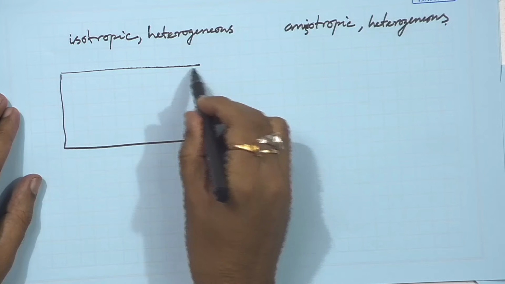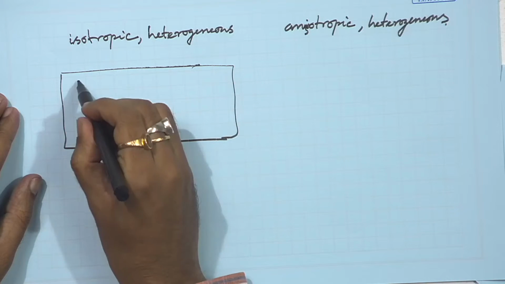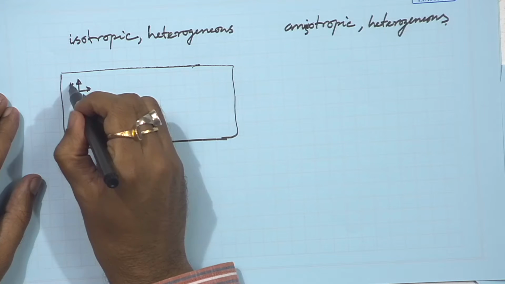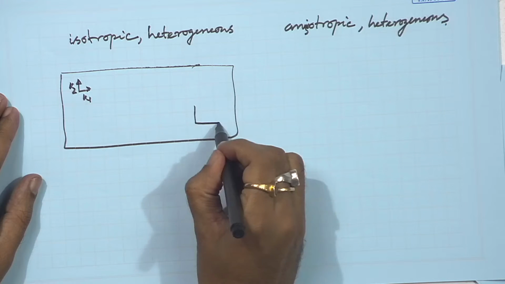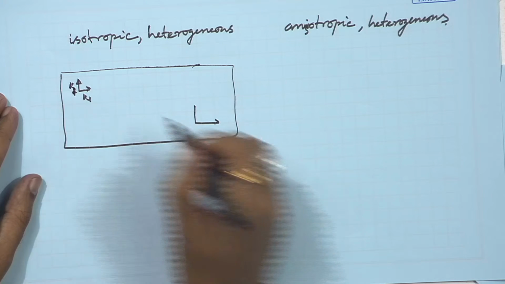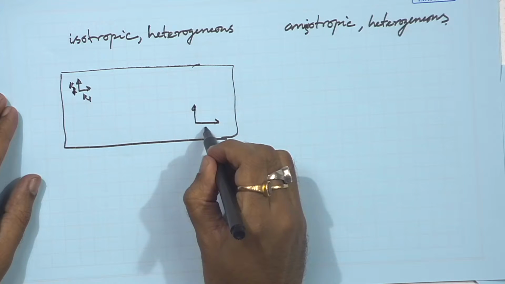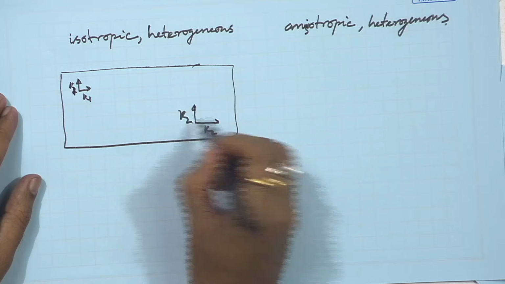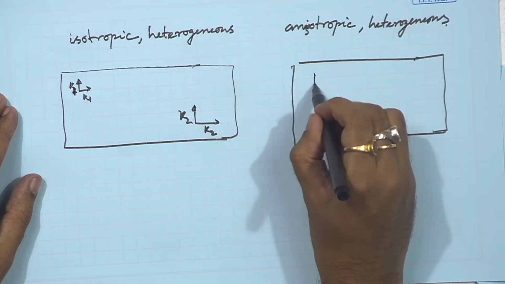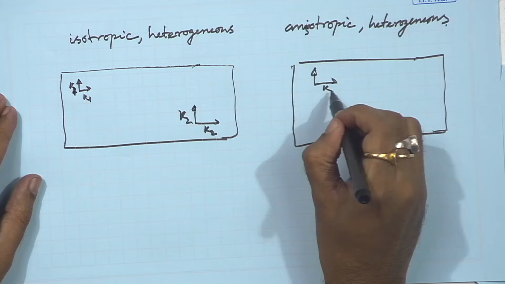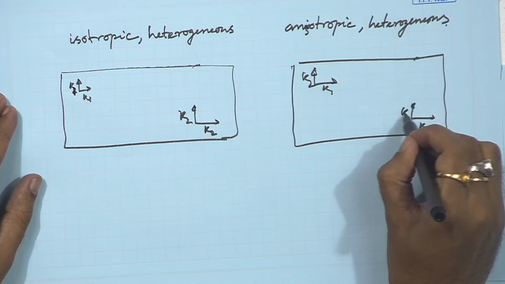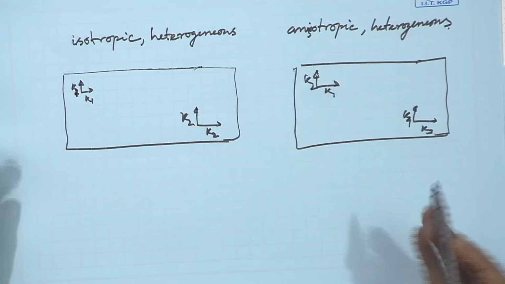So, what is isotropic heterogeneous? That means K1, but isotropic is K1 K1 in both the directions. If you change space, K2 K2. And this is completely random, that is K1 K2, you can consider K3 K4, okay, anisotropic and heterogeneous.